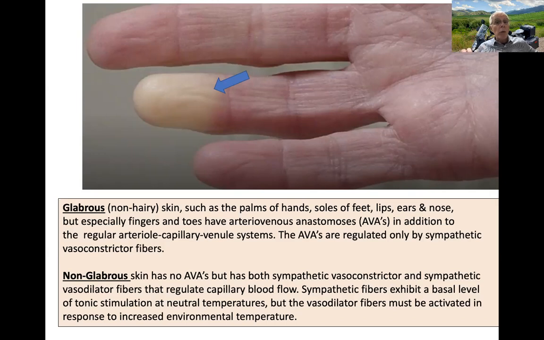But somebody with Raynaud's has enhanced sensitivity. There's either a greater sensitivity of the cell to norepinephrine, or there's more epinephrine being released on them, or there are other underlying mechanisms that interfere with regulating the level of vasoconstriction.